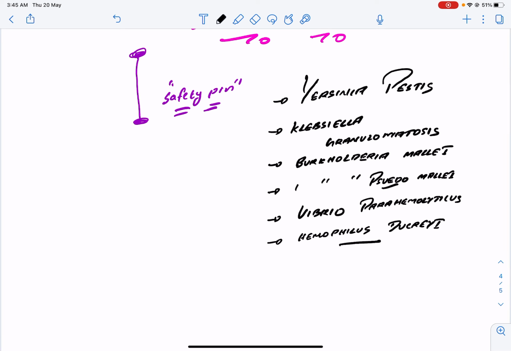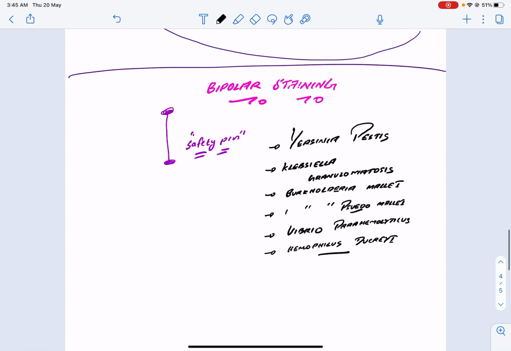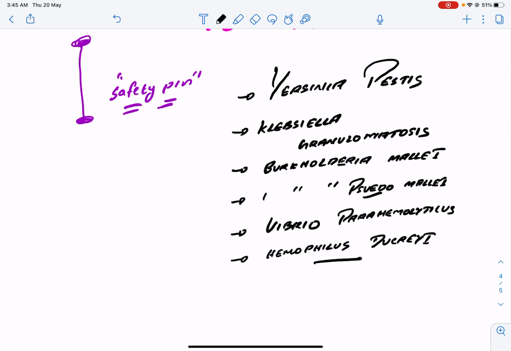So all these are examples of bacteria that show bipolar staining or safety pin appearance. That is also very important in the exam. Remember all these points.